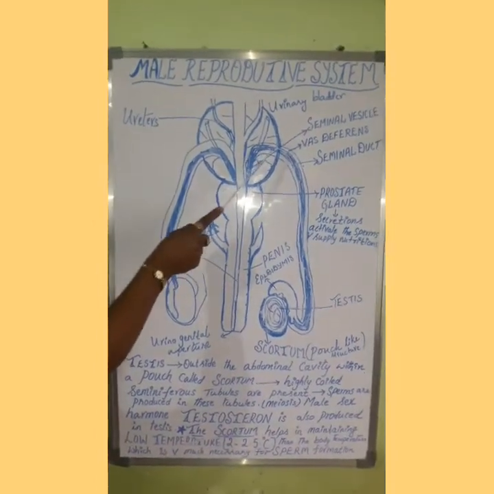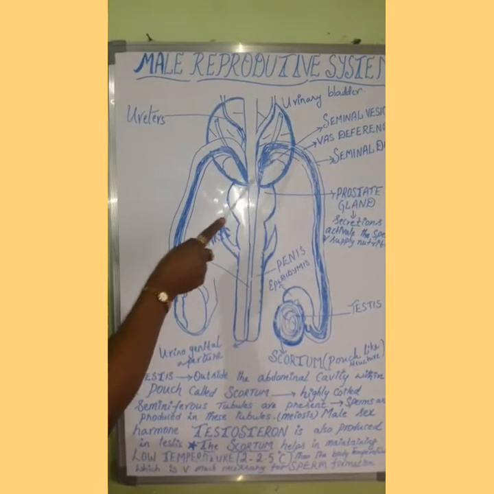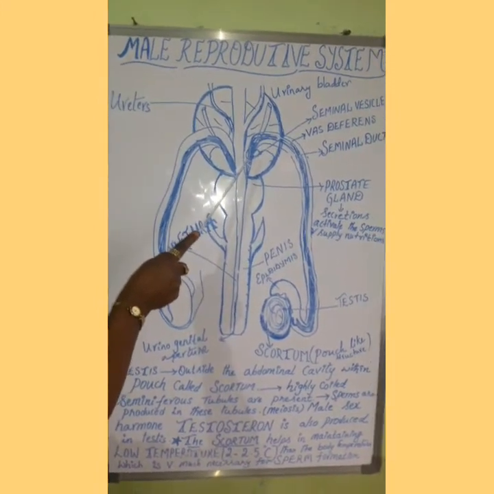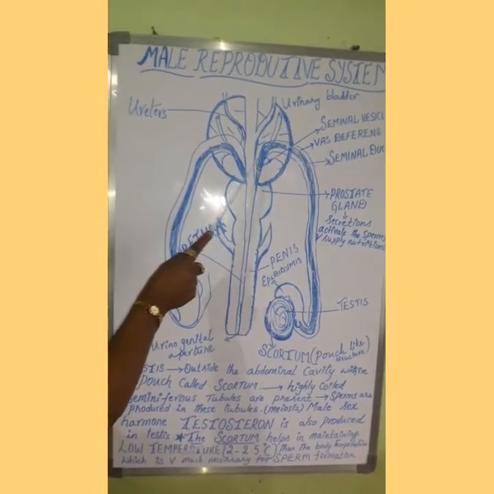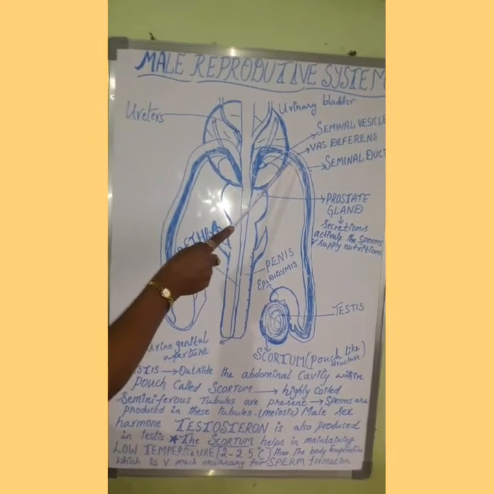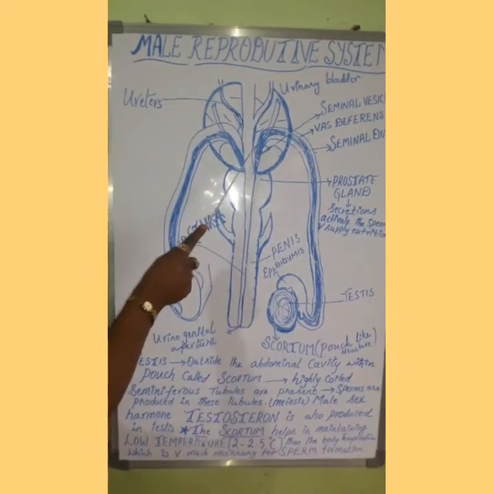Now let us see the duct that is arising from the seminal vesicle. It joins the vas deferens and continues as the ejaculatory duct.